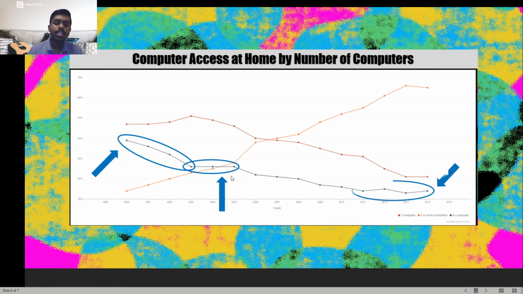So the next big movement in the line graph with no computers is from 2011 to 2014, in which computer access at home by no computers has been consolidating in the 4 year span from 2011 to 2014. It's been consolidating from around 17% to 18%, then back and forth, 17 to 18%.